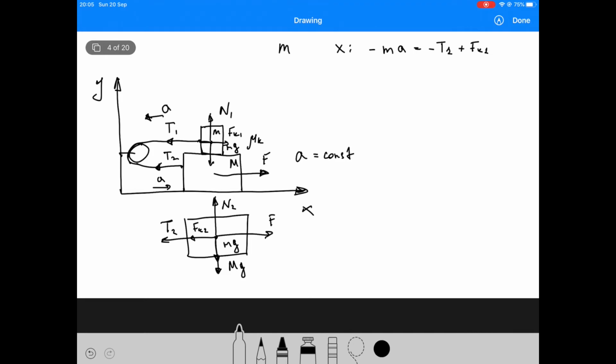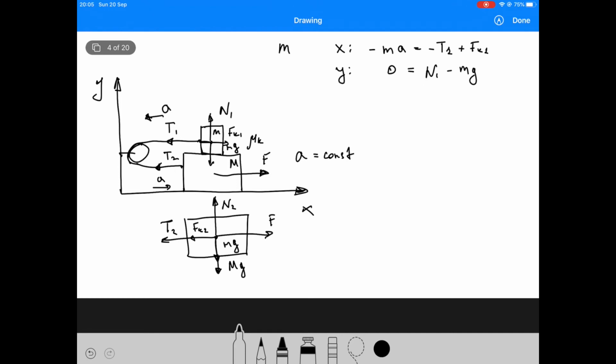So in X coordinate we don't have any more forces which are applied to the top body. Then for Y, it doesn't move up or down, so we have here 0 equal to N1 minus mg.